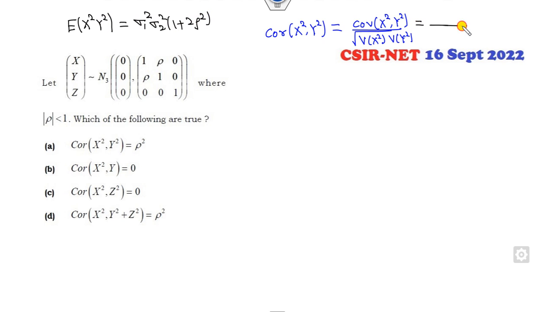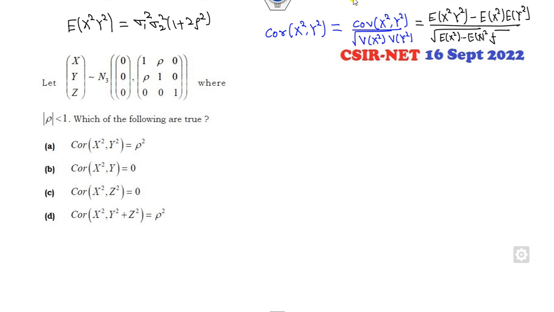If I open this bracket, I need E of x square y square minus E of x square E of y square, divided by the variance of x square, which is E of x square minus E of x whole square.